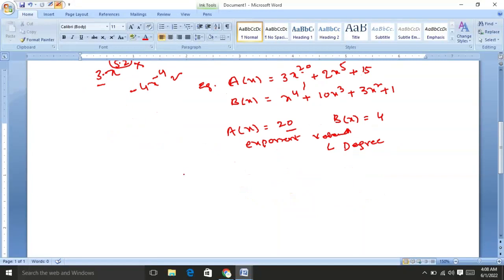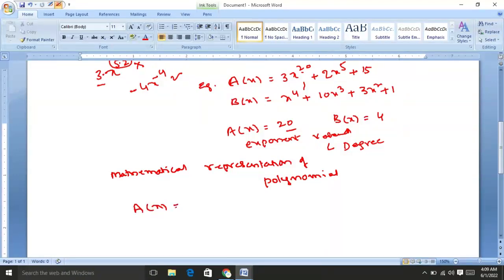We can also represent the polynomials mathematically. The mathematical representation of a polynomial: I consider the first polynomial Ax as sigma ai x to the power of i.